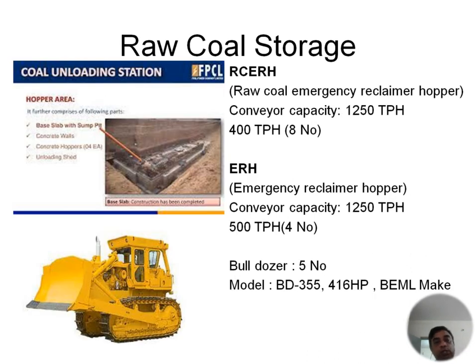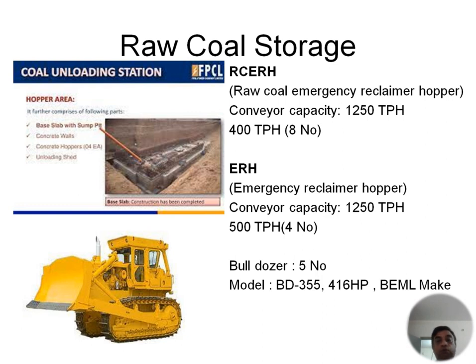There is a RCRH also, that is called raw coal emergency reclaimer hopper. In raw coal emergency reclaimer hopper, raw coal is fed, and this is further brought to the conveyor. We have also emergency reclaimer hopper where crushed coal can be directly fed, and through emergency reclaimer also we can take out the coal and it can be conveyed through the conveyor system.